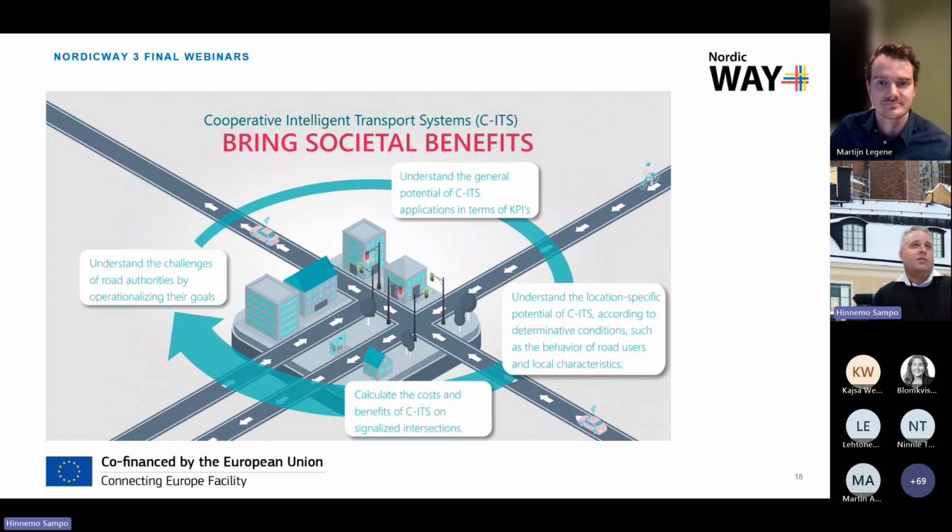So for a larger or a middle-sized city in the Nordics, what value can a variety of CITS services bring in the future? Is it realistic to expect positive effects from CITS in the short term, or is it more a long-term investment that is needed? And what kind of investments are necessary for a road authority to implement large-scale CITS services?